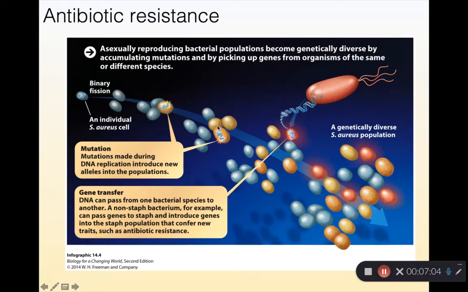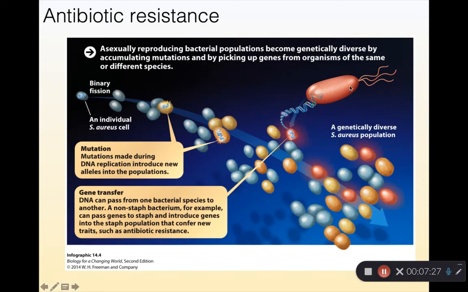And this new mutation may result in new genetic information. That's all that this allele is. It's new genetic information, and that genetic information may actually confer some sort of resistance. Again, this is just the mechanisms by which bacteria can change and potentially acquire resistance.